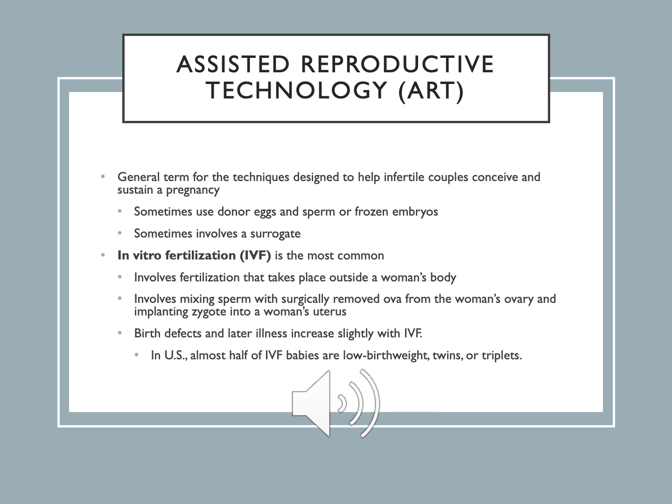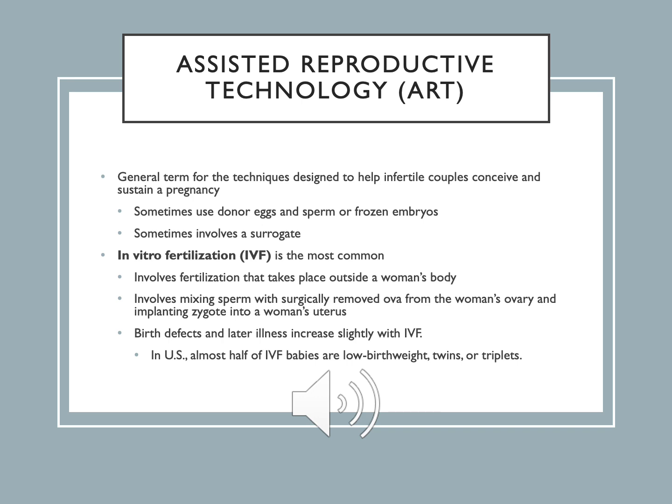This is done in the lab because there is some form of infertility in either the male or female, and so they're not able to produce this on their own inside a woman's body. Then the fertilized zygote is implanted into a woman's uterus so that the baby is ready to grow.